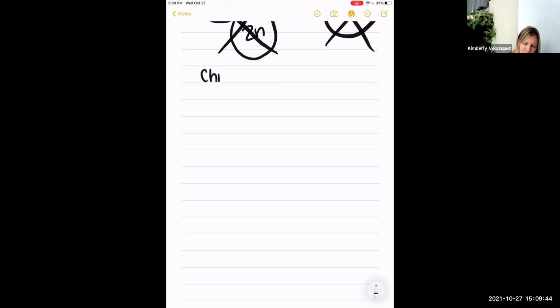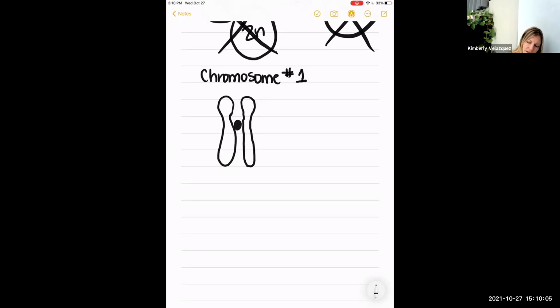Let's assume this is chromosome number 1 of some organism. It doesn't have to be a human. And I'll typically draw the cartoon version, something like this. This entire thing is a chromosome.